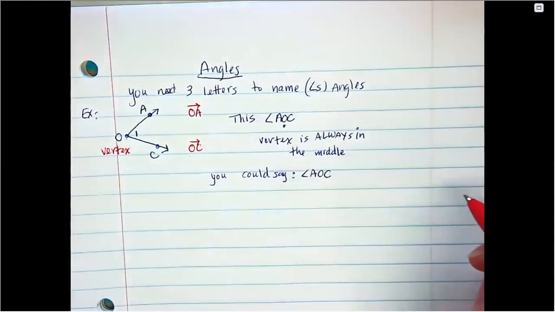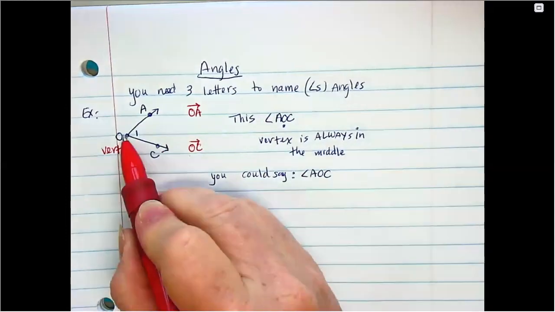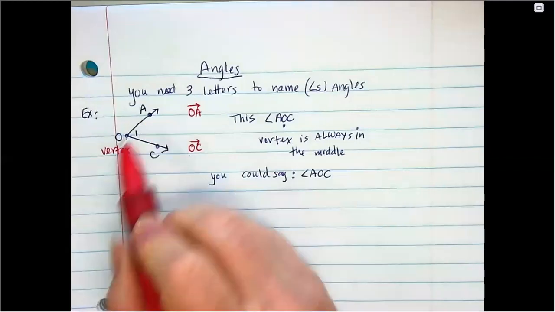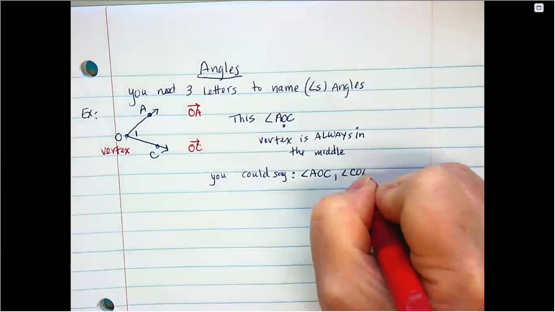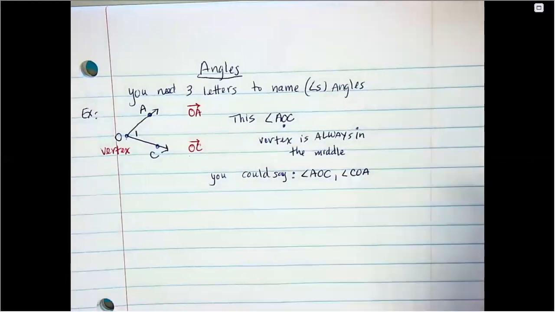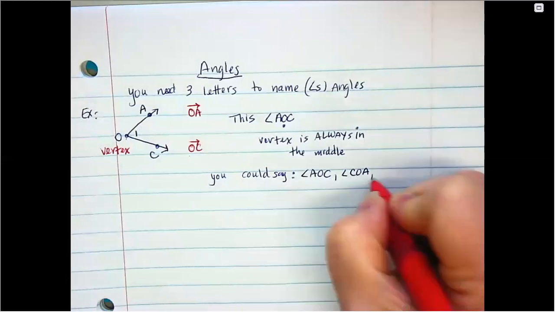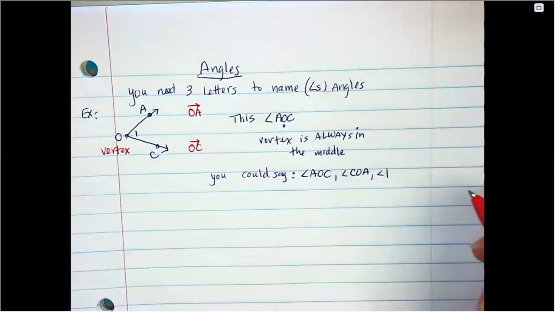But you can also reverse that. We could call it angle COA. As long as the O is in the middle, we can call it angle COA. And then because they were nice enough to give us a number associated with that angle, we can call it angle 1. They won't always give you an angle number. Any questions on that?